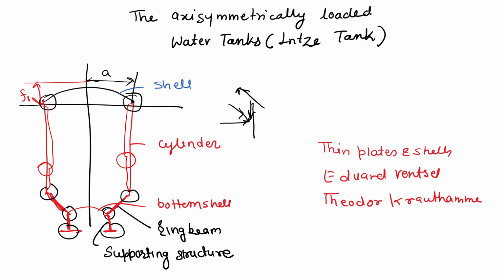So, the membrane shell theory cannot predict the accurate behavior of all these junctions and the supporting structures where the boundary conditions are expressed in terms of displacement. How we solve this type of design is given in detail in the book Thin Plates and Shells by Wenzel.